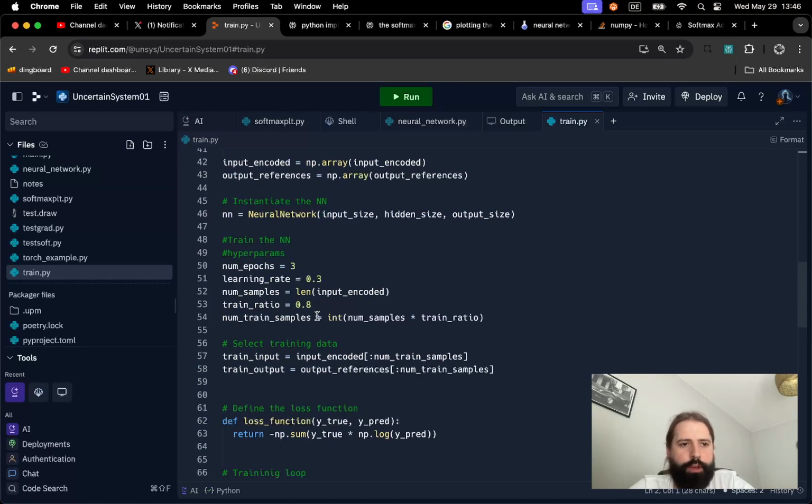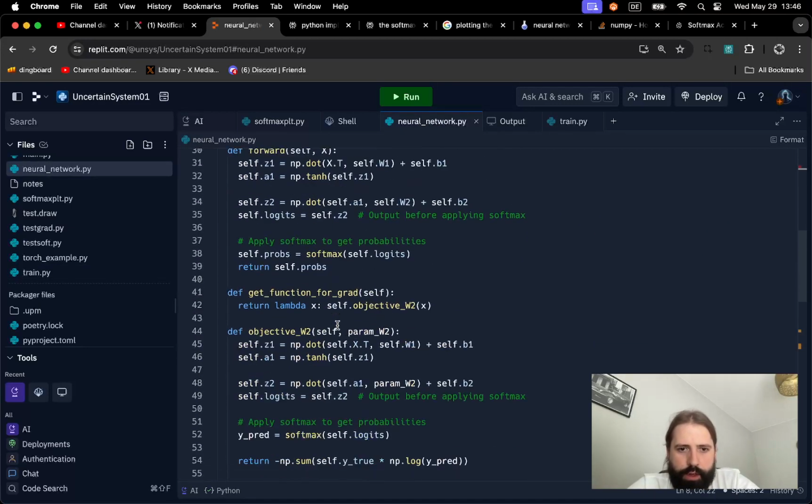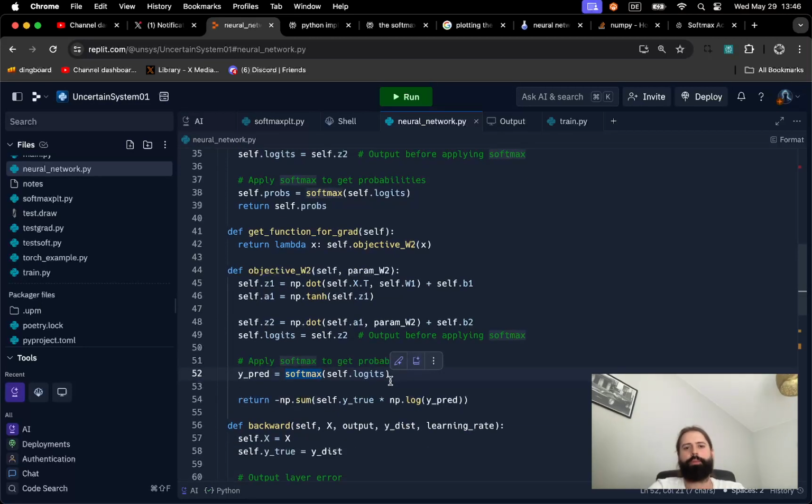What is it? Loss function? No, it's here, the objective function. If I remove the softmax, it kind of works well. If I keep it, it doesn't. Why? Okay, why?